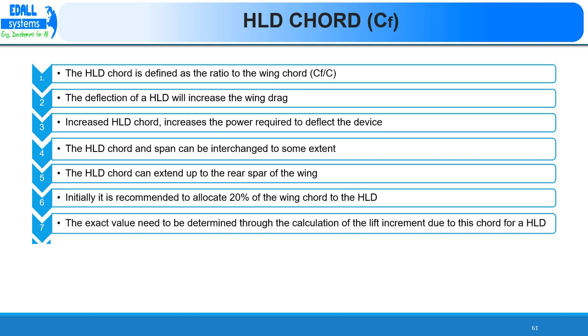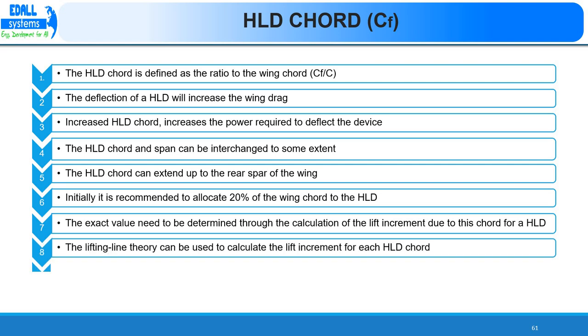Exact value needed is determined through the calculation of lift increment due to this chord for the high-lift device. Aerodynamic technique known as lifting line theory is used to calculate the lift increment for each high-lift device chord.